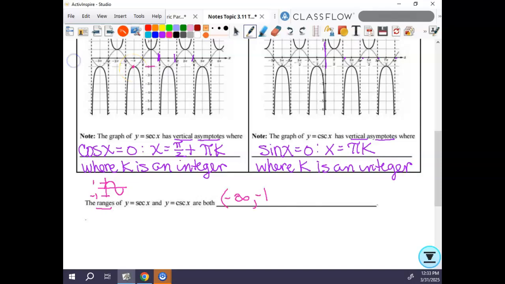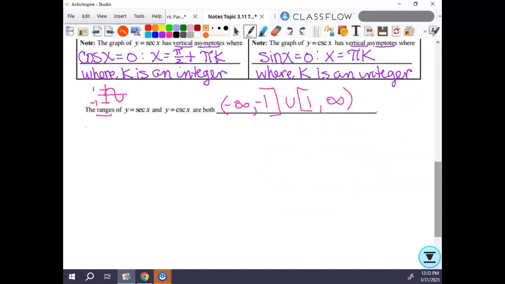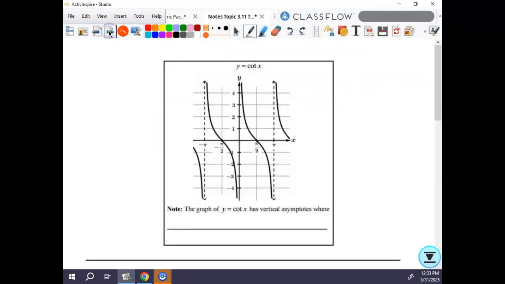So -1, I am including it. And then I skip over all the sine and cosine stuff because I turned it inside out, and I start back over at 1 and go to infinity. Okay. Everybody okay with that? You see how that works? Any questions? All right, then flip this over and let's look at cotangent.